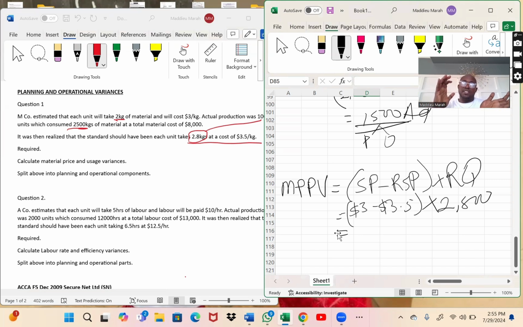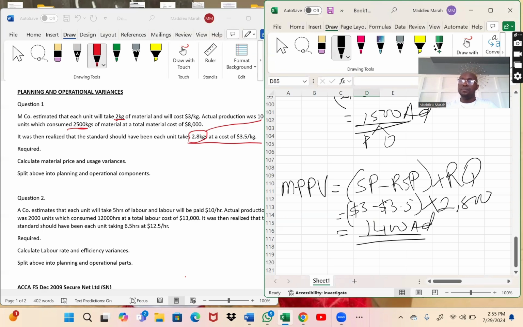But when the budget or standard is greater than the actual, it's a favorable. Keep that in mind. Multiply by 2,800. So our variance here will be 1,400 adverse.